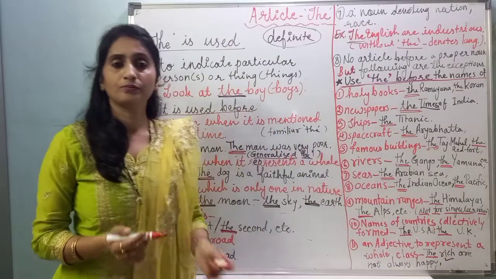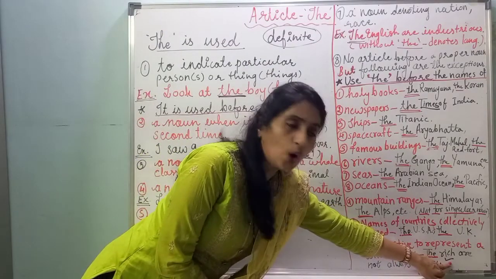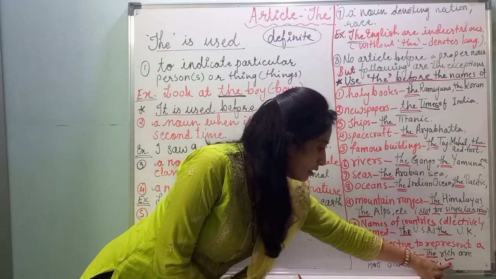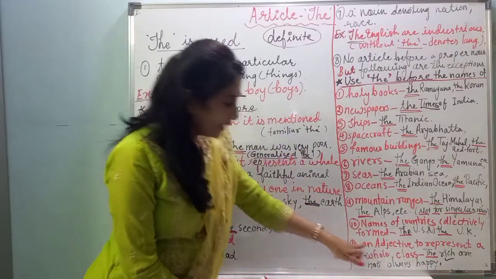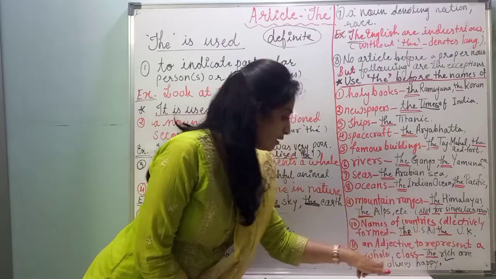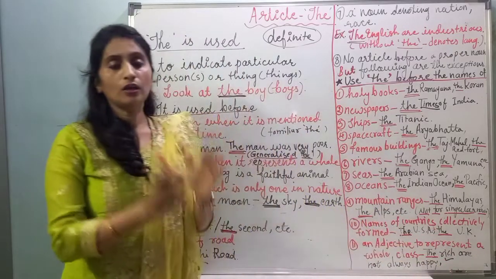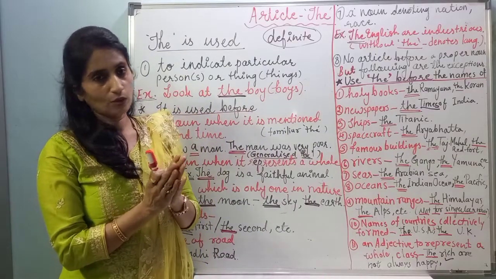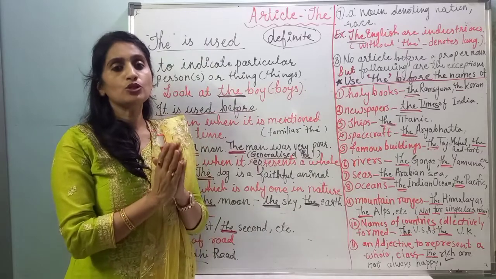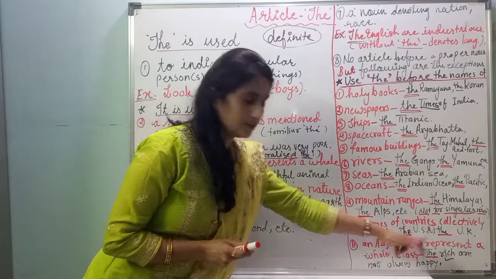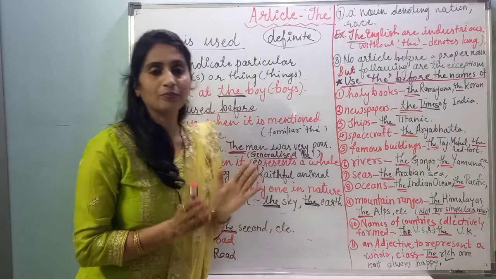Rich people. Fine. So you are talking about all rich people. Here, rich is an adjective. An adjective to represent a whole class. Here, rich represents all rich people. Okay? And that's why we can make use of the article the. The rich are not always happy.